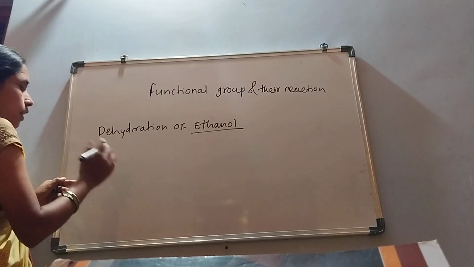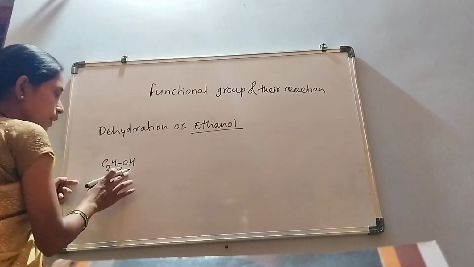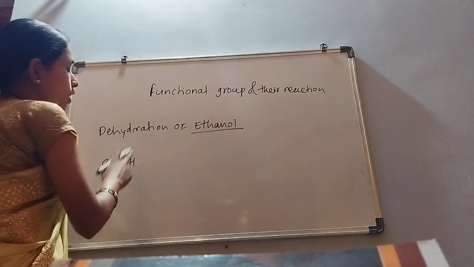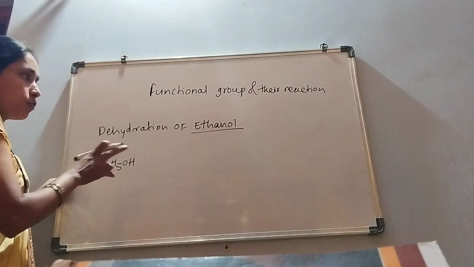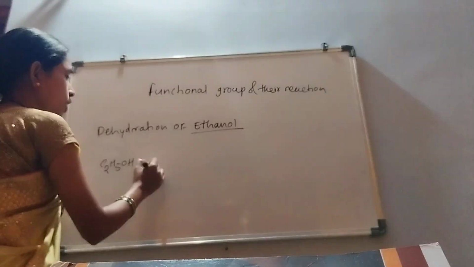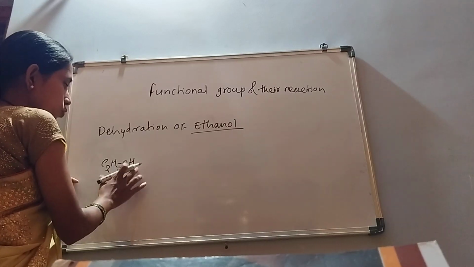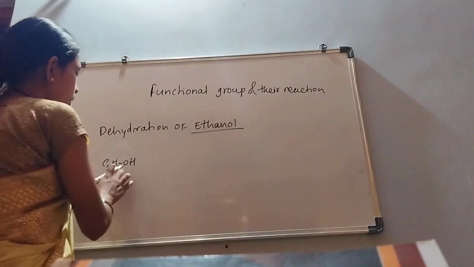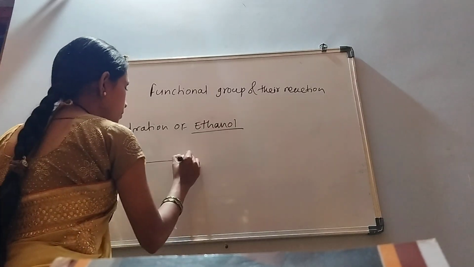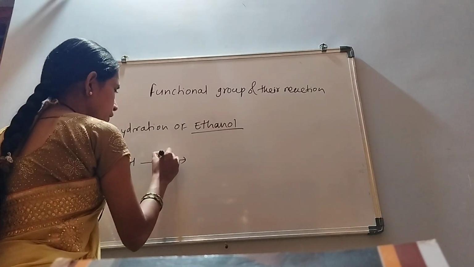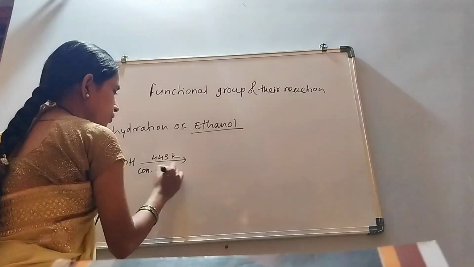Okay, so in this case ethanol C2H5OH, if you are heating it at 443 Kelvin with concentrated H2SO4, that is sulfuric acid, then H2O is removed, which means ethanol is getting dehydrated.